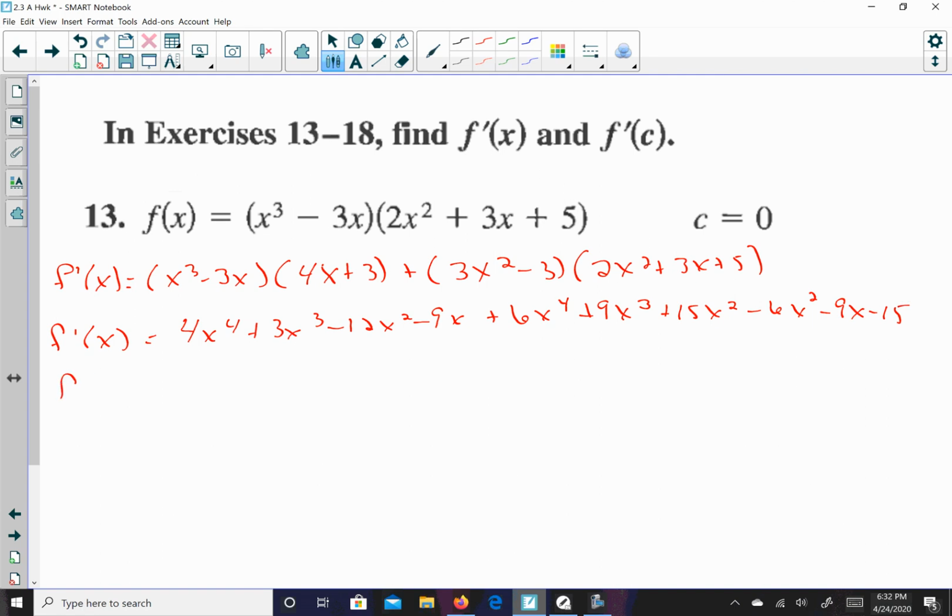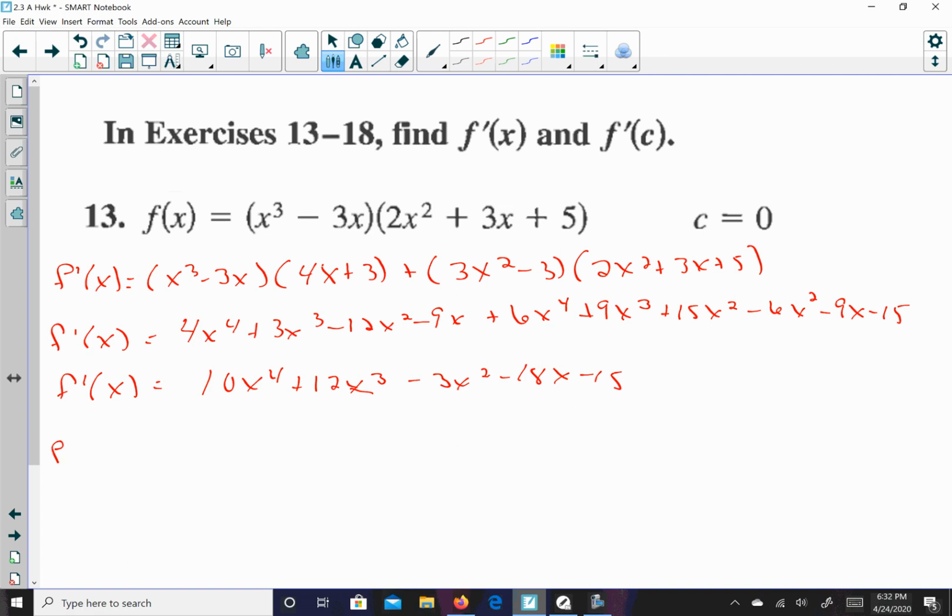Combining like terms, I'm going to have 10x to the fourth plus 12x to the third minus 3x squared minus 18x minus 15. So that's as simplified as it can be.